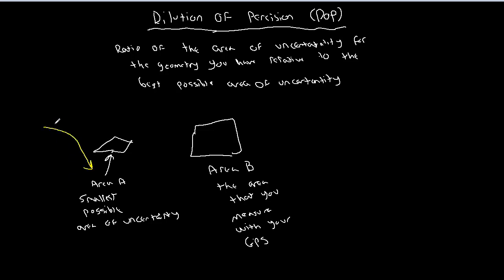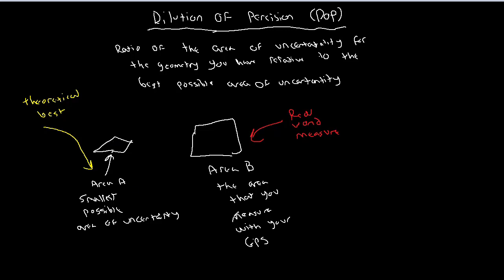So this is the theoretical best. And this B here, this is the real world measure. And again, this area here, this is the measured area of uncertainty.